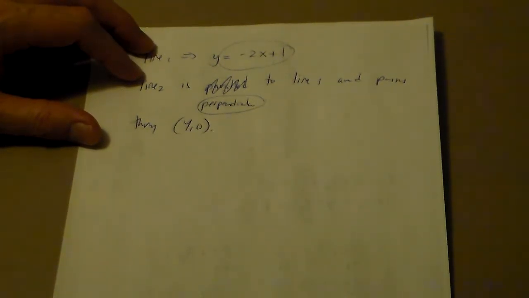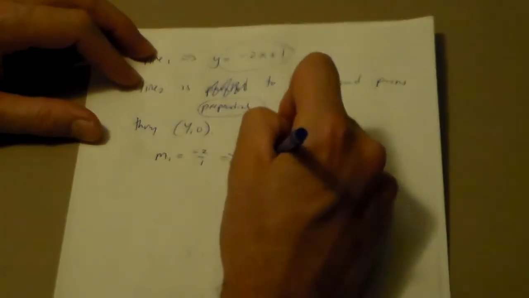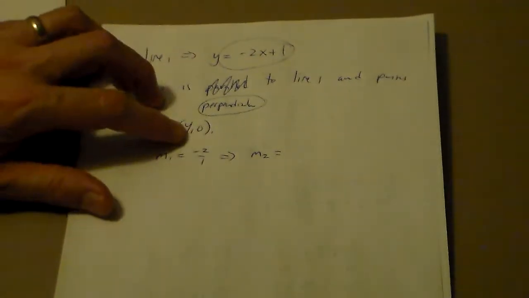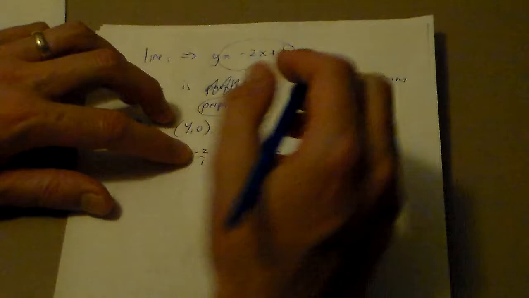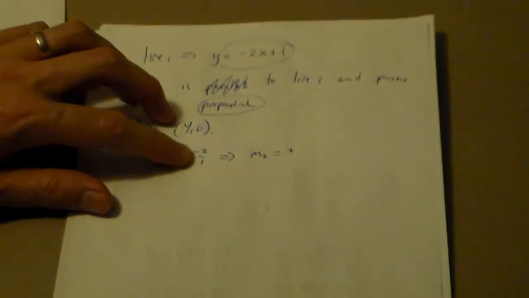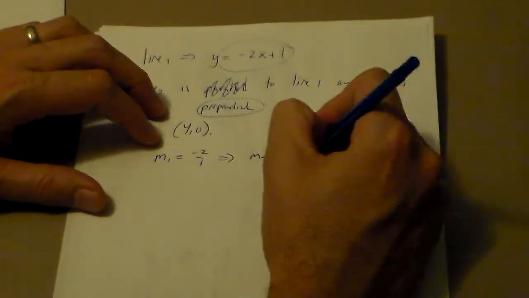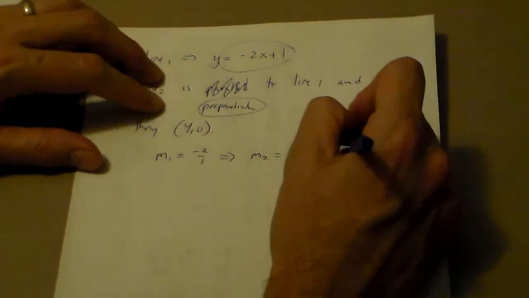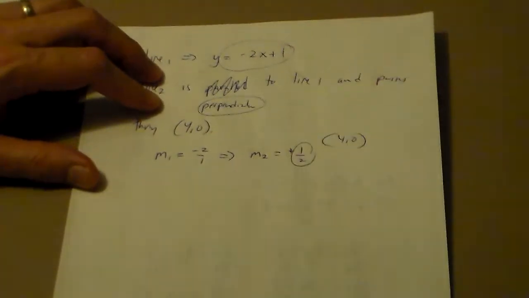Their slopes are negative reciprocals of each other. So the slope in one is -2, so my slope in line 2, I take the negative reciprocal, this is negative, so this one's going to be positive, and then flip it, 1/2. So my slope is 1/2, my point is 4, 0.